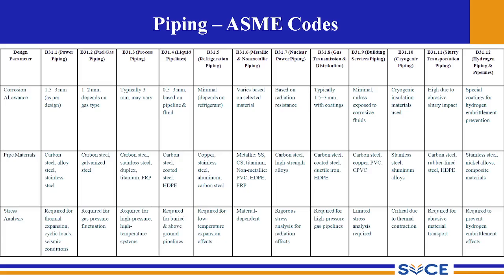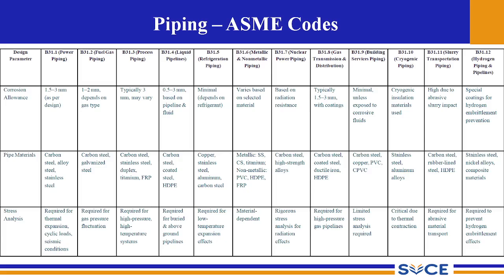Then stress analysis we need to perform for thermal expansion, cyclic loads and seismic conditions. In the case of B31.2, the corrosion allowance is 1 to 2 millimeter, and it depends upon the gas type. The pipe materials normally coming under the B31.2 standards in the case of fuel gas piping are carbon steel and galvanized steel. The stress analysis is required for gas pressure fluctuation.